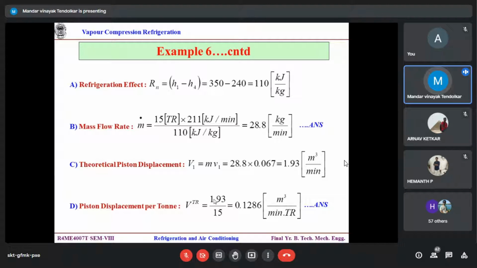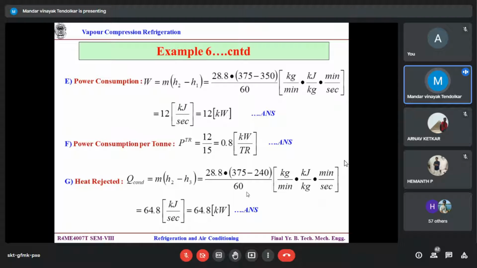Then the next part asks for piston displacement per TR. Now you know TR, that is 15, directly given. So this is meter cube per minute per TR. Next part is power consumption, that is the compressor work. So H2 minus H1, and the mass flow rate is also known, so you can directly get it in kilowatts.